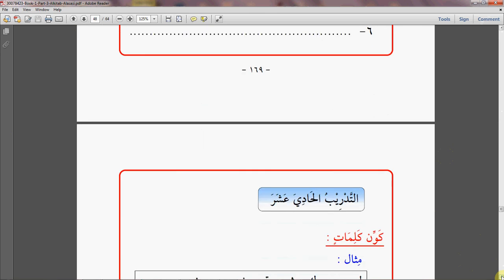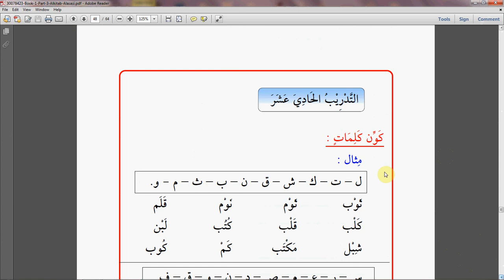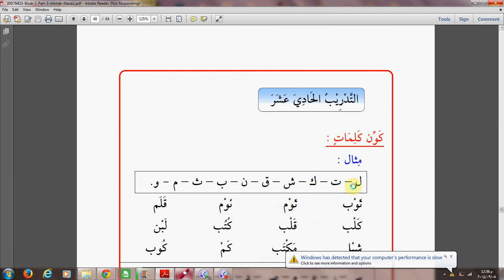التدريب 11, exercise 11. كون كلمات, make or form words. مثال: لام تاء كاف شين قاف نون باء ثاء ميم واو. You can use these letters to make words like the example here. ثوب, okay, ثاء واو باء made ثوب. كاف لام باء made كلب.